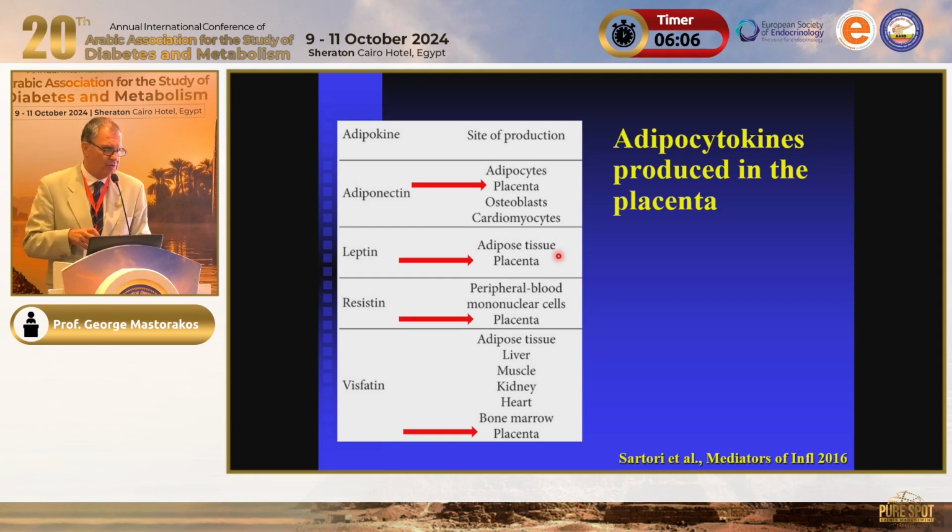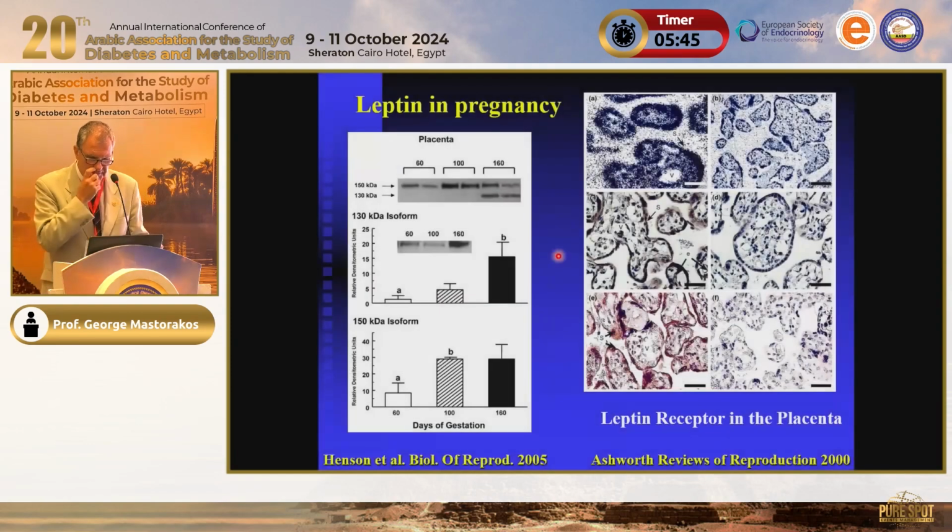Resistin didn't gain so much importance through the years, but then I would like to talk to you about a fourth adipocytokine, which is visfatin. And all of them are produced in different sites in the body, including, of course, adipose tissue, but they are also produced by the placenta itself. And so this is very, very interesting.